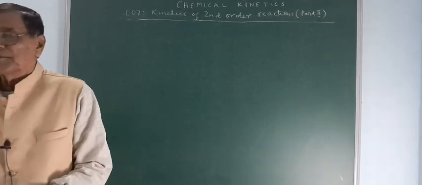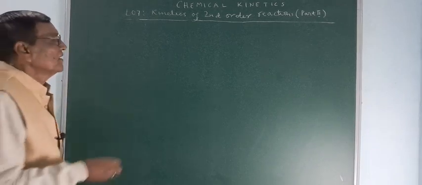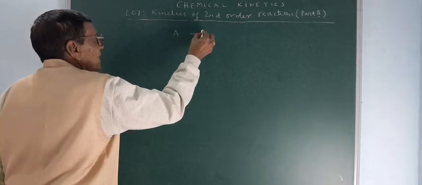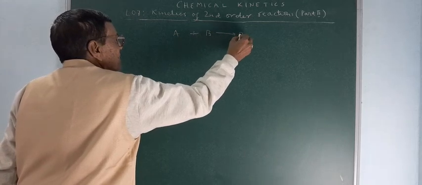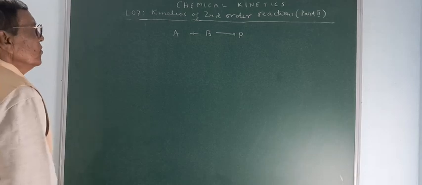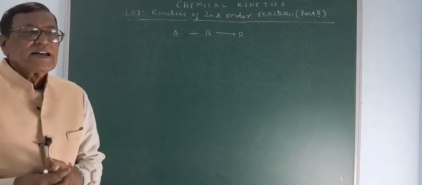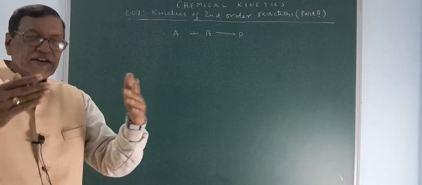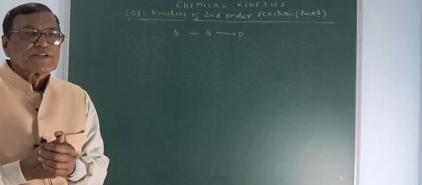the initial concentrations of the two reactants are not equal. Let the reaction be A plus B giving P. A and B are the two substances, and it is a second order reaction since its rate is proportional to two concentration terms.